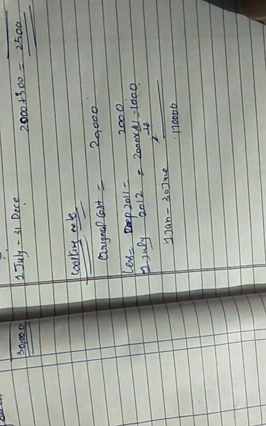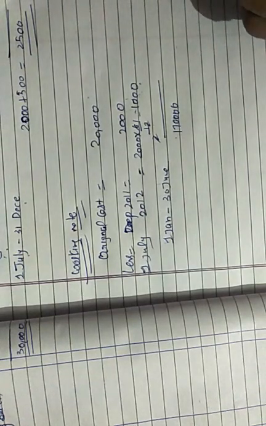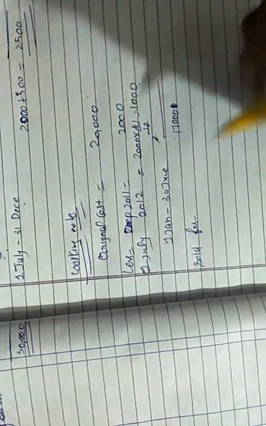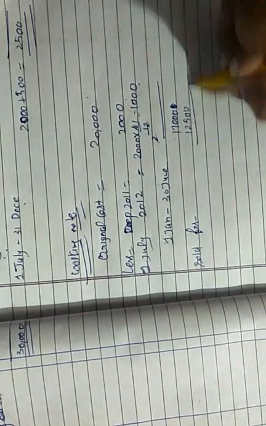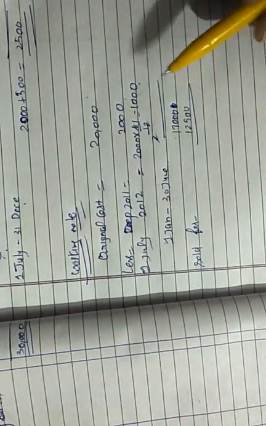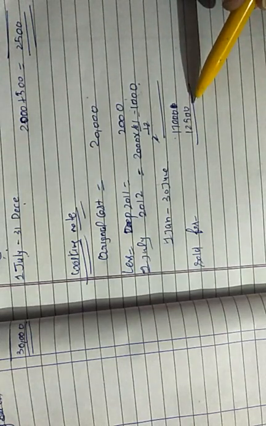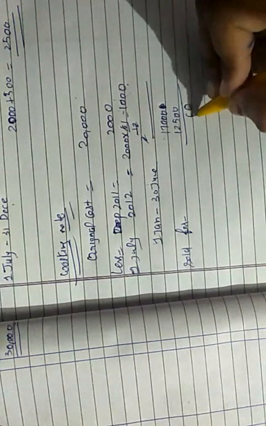But this plant was sold for 12,500. So see, loss is there. The book value of the plant is 17,000, but it is sold for 12,500, meaning loss is there. So how much is the amount of loss?